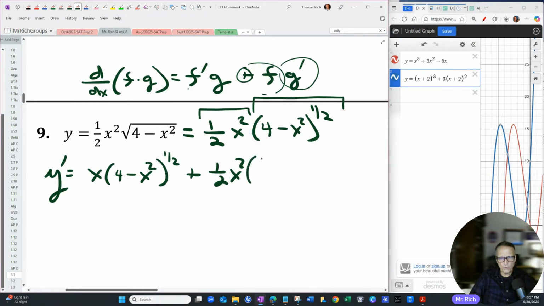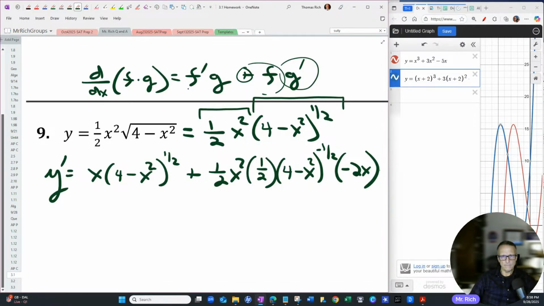So I multiply by the exponent 1/2, leave the inside alone, but reduce the exponent by 1, so it becomes negative 1/2. And then I multiply by the derivative of the inside part, which happens to be negative 2x.